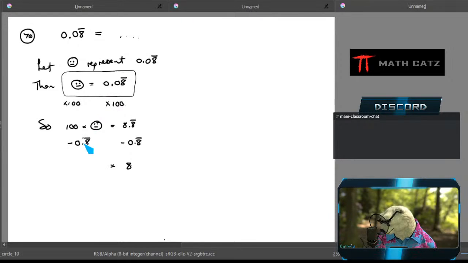So how do I make these two look the same? I have to move the decimal point of the top one once. Then they'll look the same. That means I have to multiply by 10. That means this guy is equivalent to 10 meh faces.